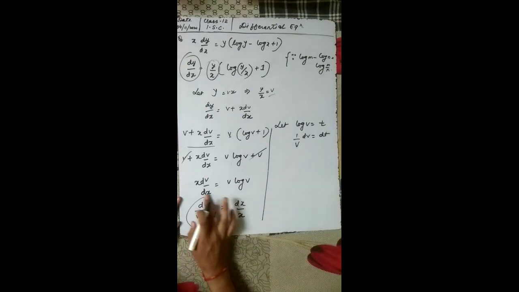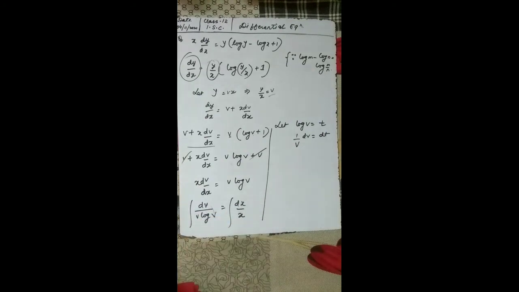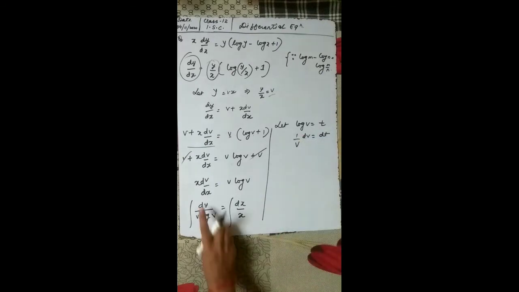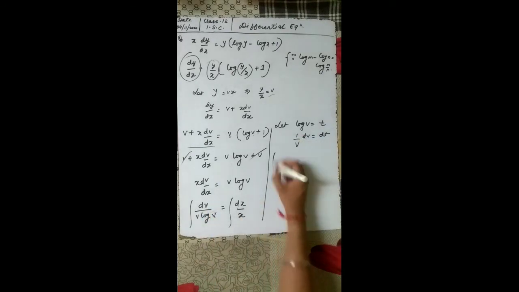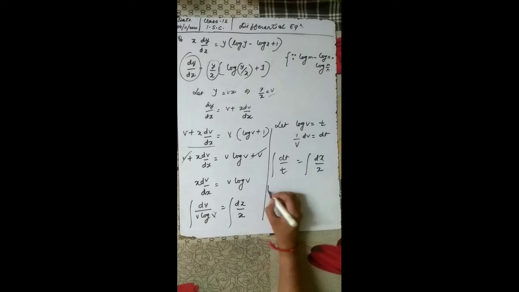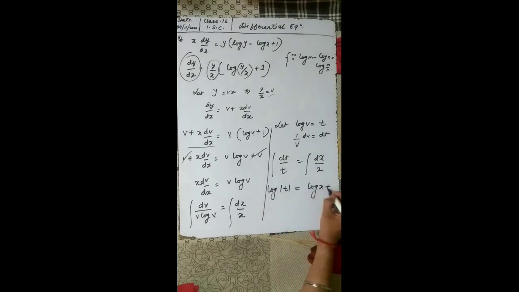On integration, we have considered log v equal to t, so 1 upon v dv equals dt. Finally, we will get dt upon t equal to dx upon x. So log t equals log x plus c.